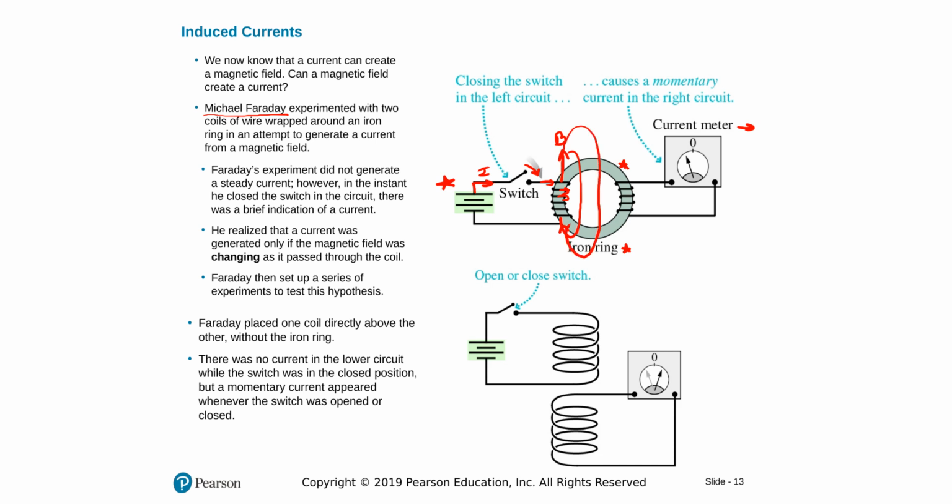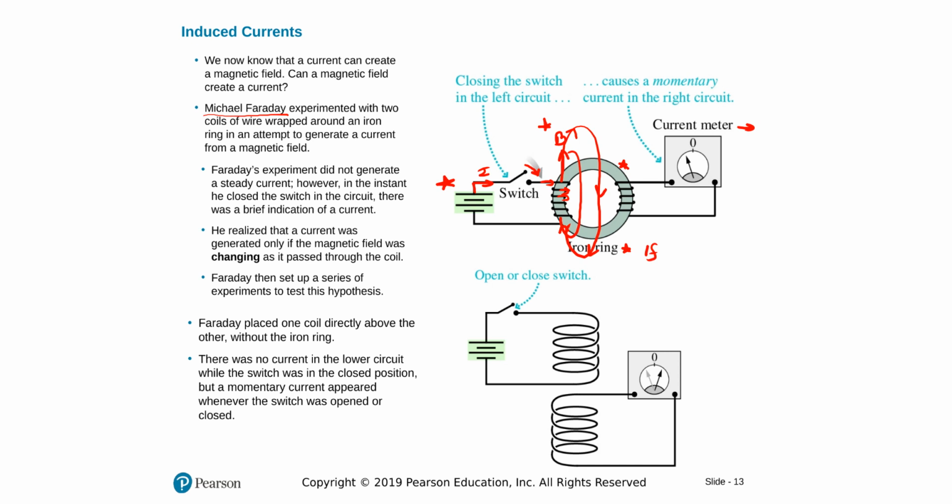So as we close the switch and current starts passing through, the magnetic field on the left will increase, reach a value until the system sets up, and then it will have a constant value. As we open the switch again, this magnetic field will drop to zero, and it will take some time to drop to zero. It seems like as the magnetic field is changing, he was seeing a current here. So that's what he suspected.